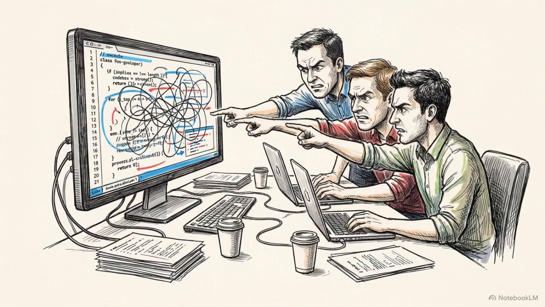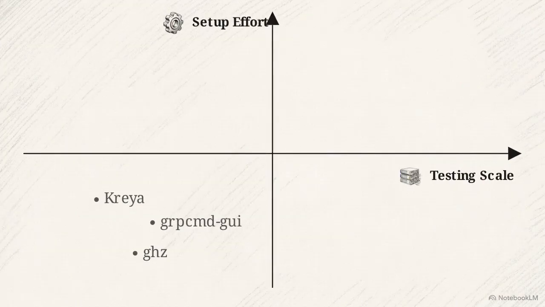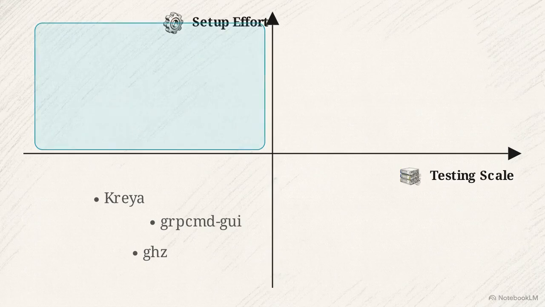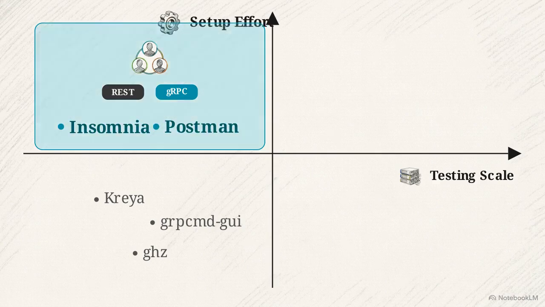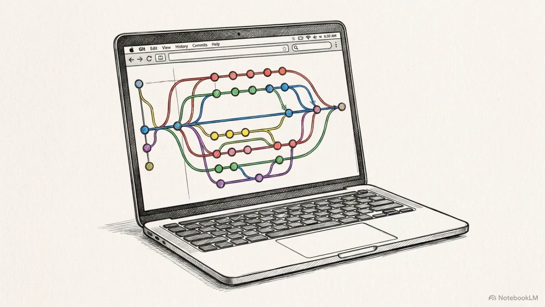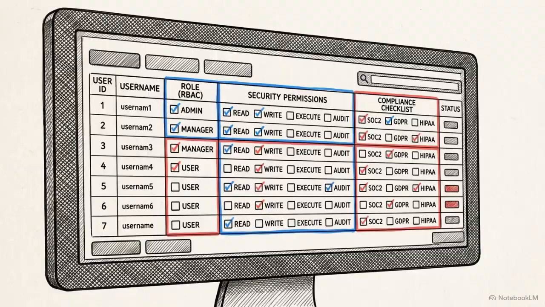This chart also helps frame the enterprise collaborator, teams managing complex catalogs of both legacy REST and new gRPC endpoints. Migrating an entire engineering team to all-in-one platforms like Insomnia or Postman pushes you into the high-effort quadrant. In exchange, you gain native Git sync, shared team workspaces, and centralized API governance systems.